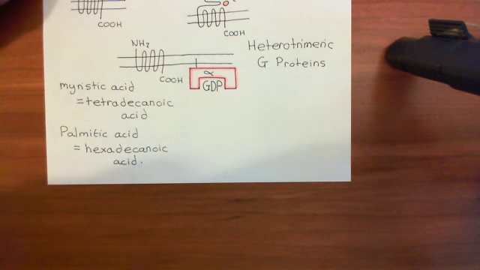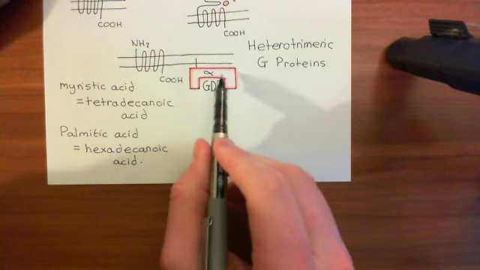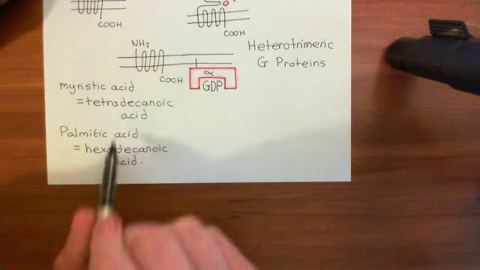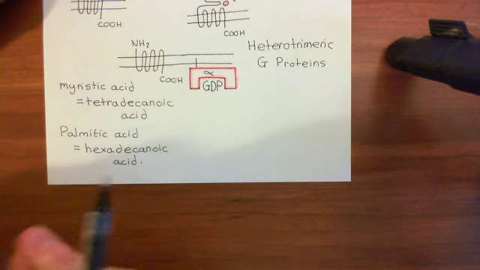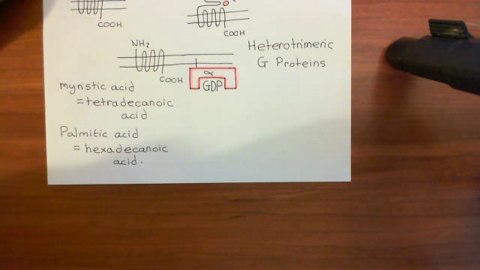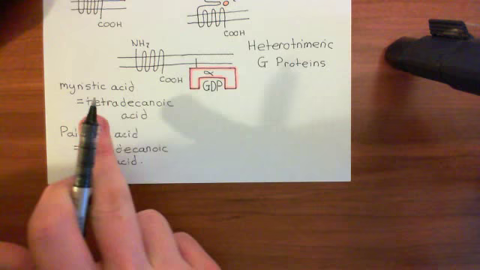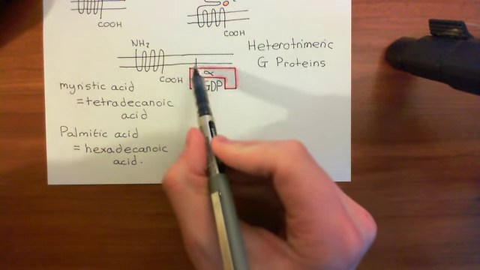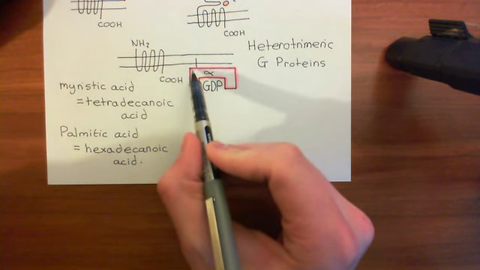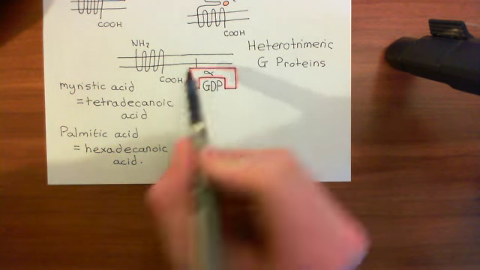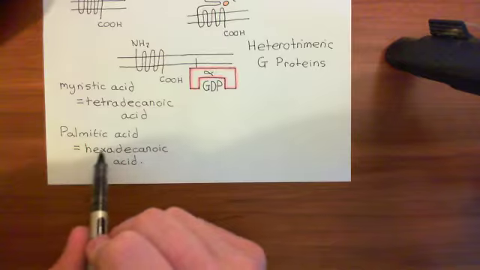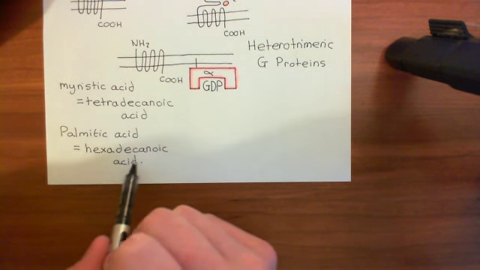So basically, every single alpha subunit gets one of these two carboxylic acids added onto it, or some of them even get both of them added onto them. What's the significance of this? Well, it means that the alpha subunit has a really long chain carboxylic acid group sticking off the side of it, and the tails of these molecules are extremely hydrophobic.